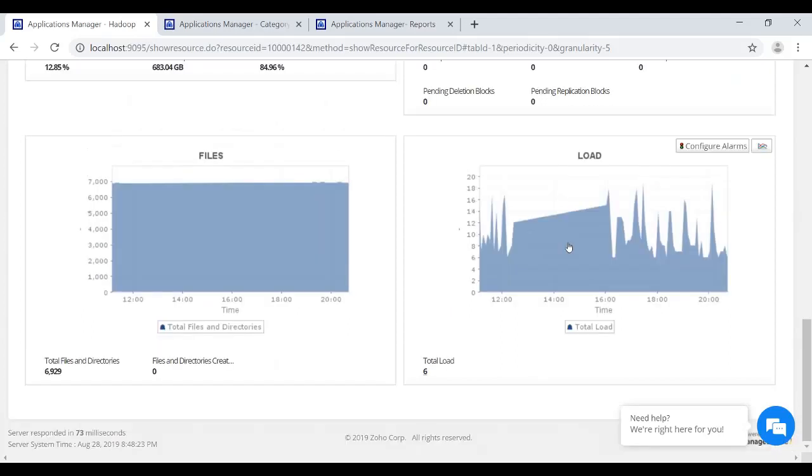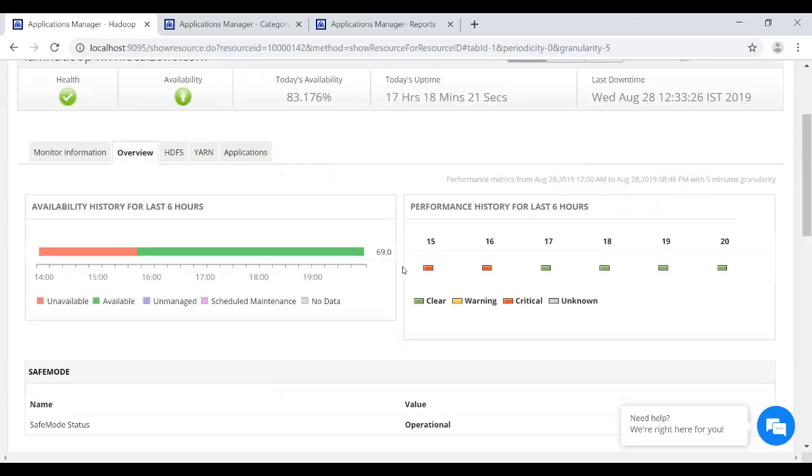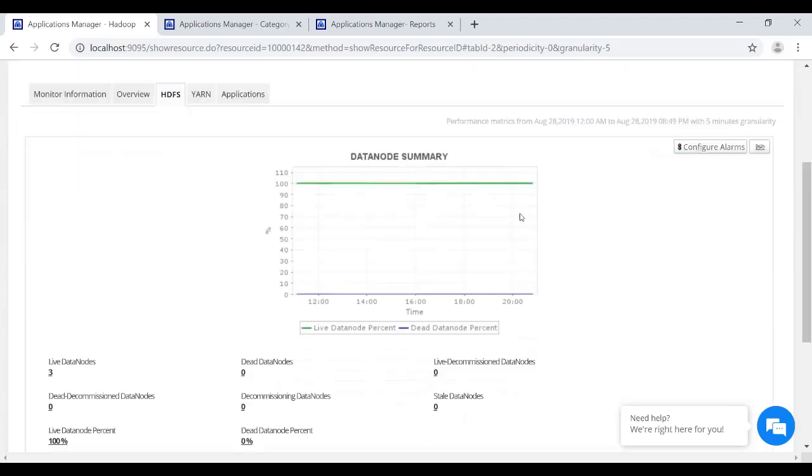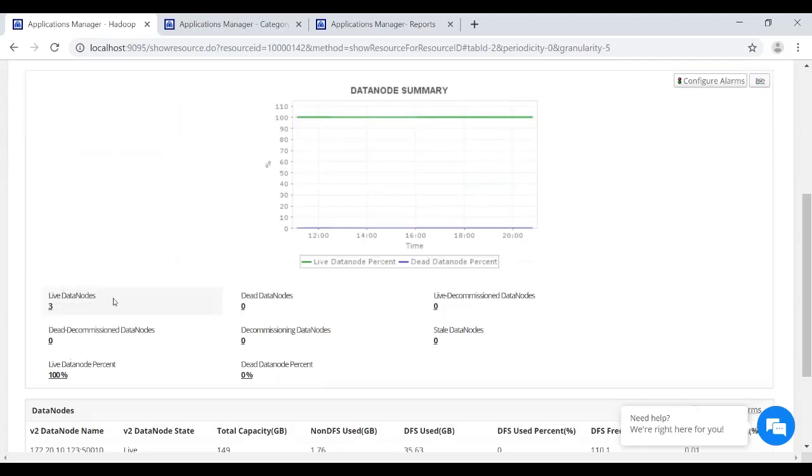If I click on the HDFS tab, we will see the details that we were talking about in the presentation. The data node right here, all of the data nodes, how many are live, how many are dead data nodes. So again, this will help us understand the load on each of these individual data nodes and how much application processing is going on in these data nodes, and how these data nodes will perform when it comes to collection and assembling of this data by the parent name node before delivery.